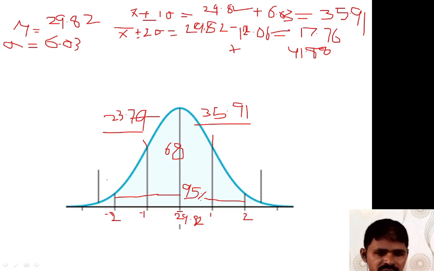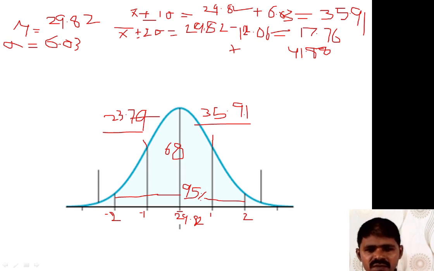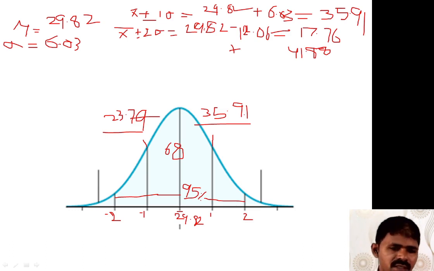So by using this spread, we can estimate how many of the respondents fall in a particular percentage, and we can also get the standardized values. The standardized range is 23.79 hours to 35.91 hours for one standard deviation.